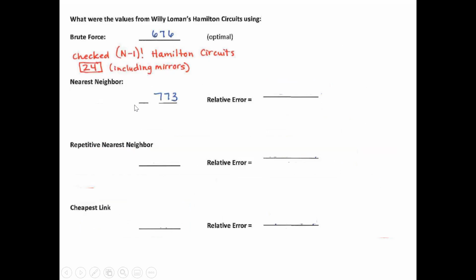The nearest neighbor is 773. So if we were looking at the nearest neighbor, it will be 773 minus 673.